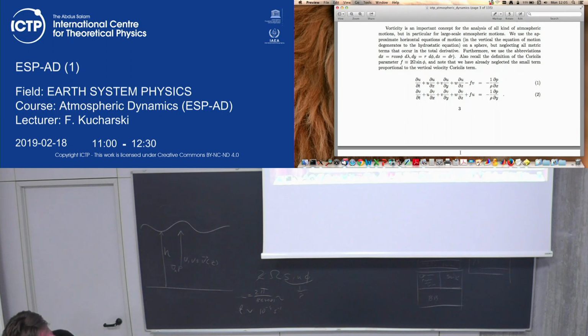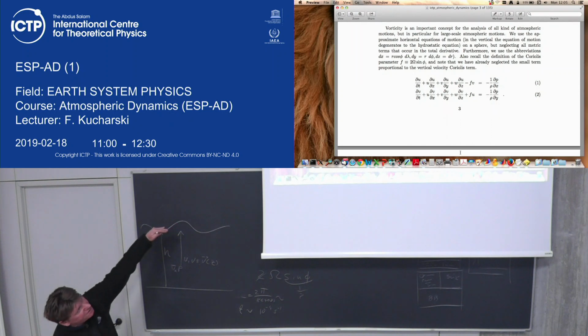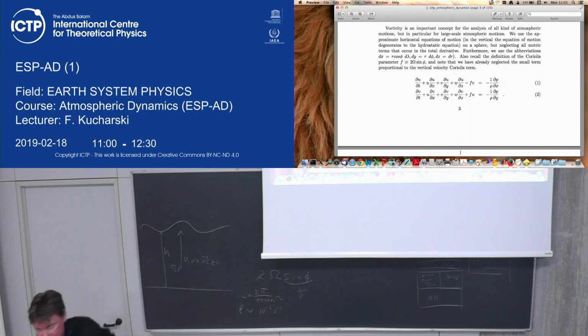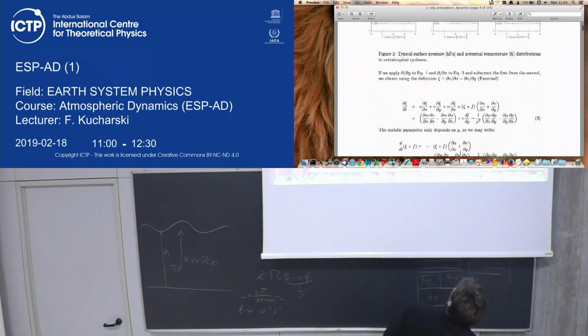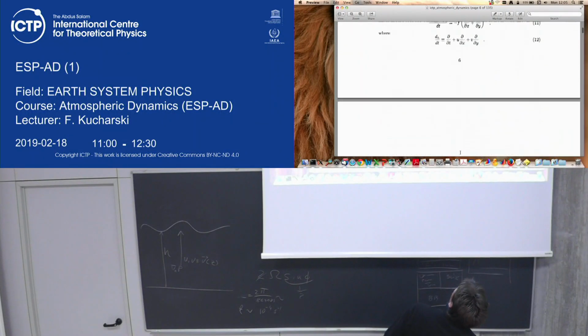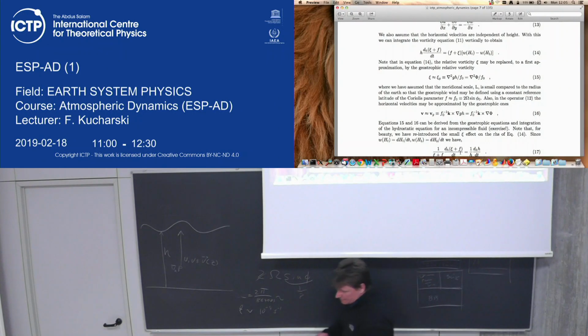That means that in this simple barotropic model you can replace these pressure differences by horizontal changes of the height. So this horizontal pressure gradient can be explained by the horizontal gradient of the height of our medium.